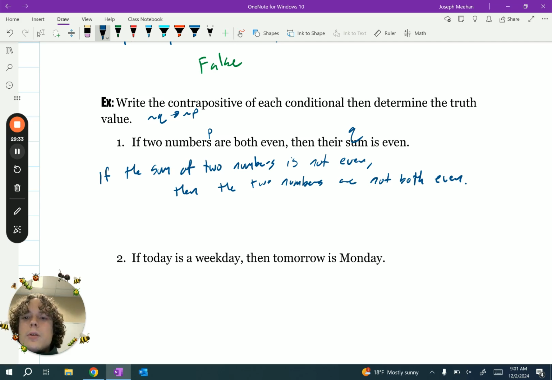All right? So that's our if not Q, then not P. If the sum of two numbers is not even, then the two numbers are not both even.